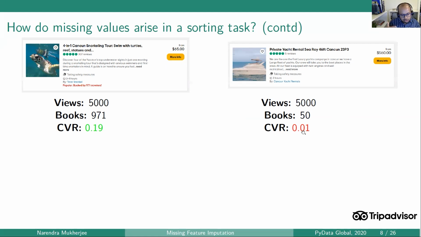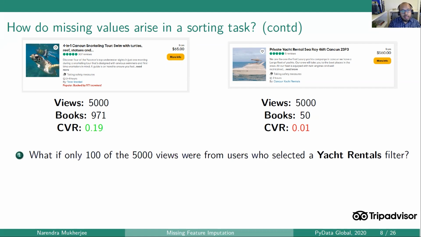Now, if we were designing a recommender system and serving recommendations to a user, we would probably put the product on the left at a higher position than the product on the right, because the user is more likely to engage with the product on the left. It's better for the user experience. It's better for the company as well. But what if I told you that out of the 5,000 views for the yacht rental, only 100 were from users who explicitly selected a yacht rentals filter?